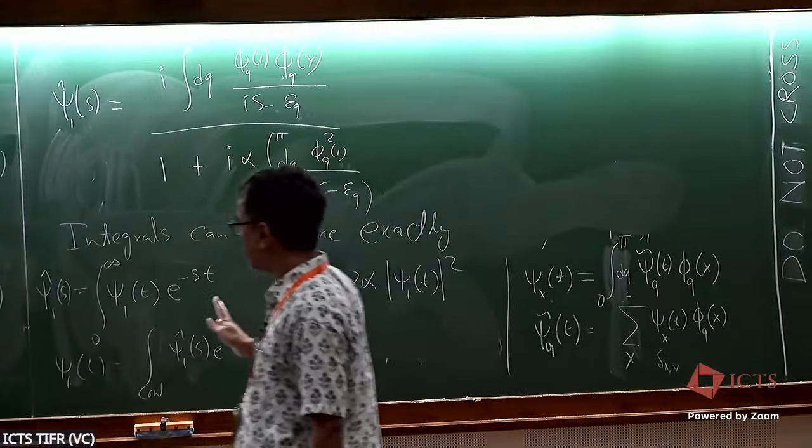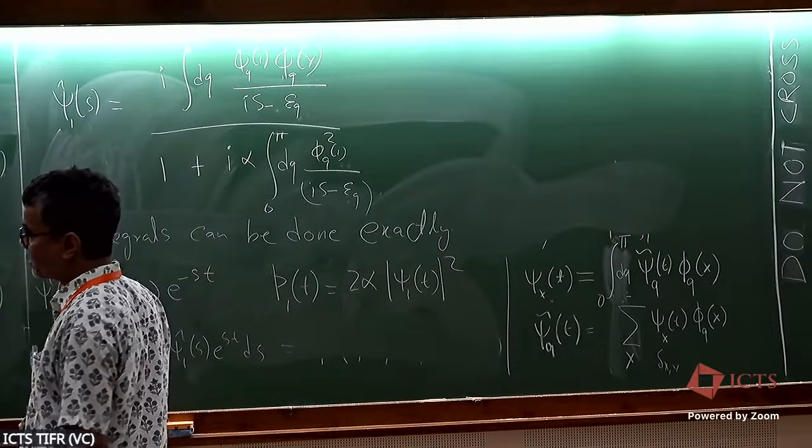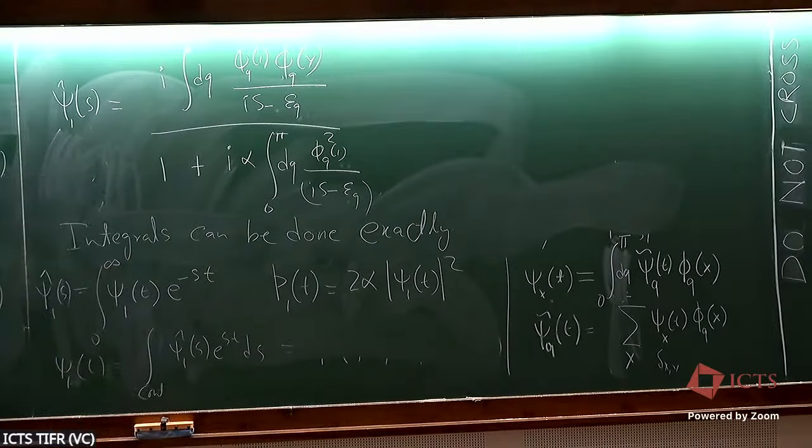One other nice thing we can do from here is find the survival probability. If you know this asymptotics, of course it doesn't tell us the survival probability, because the survival probability is an integral over all times.